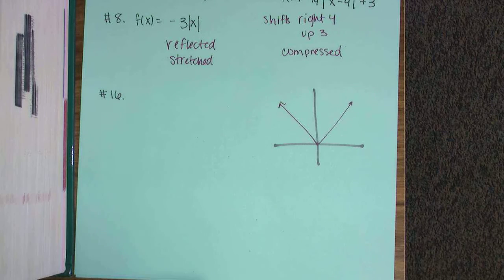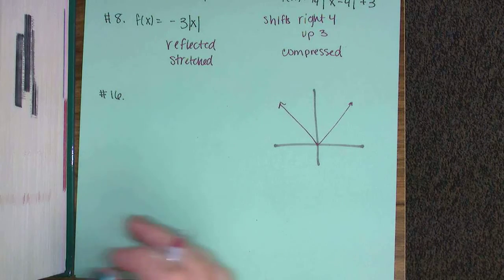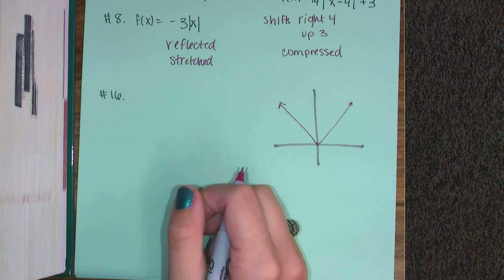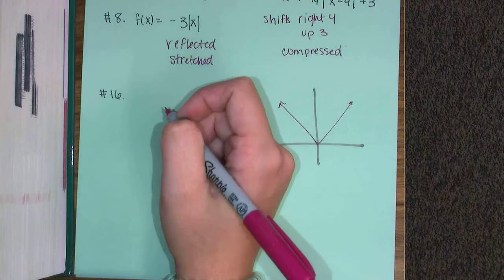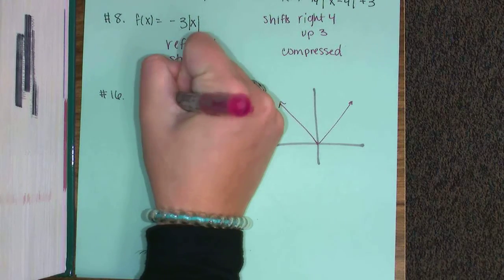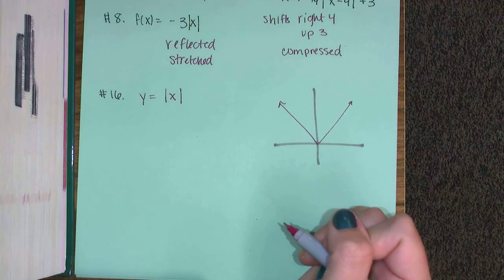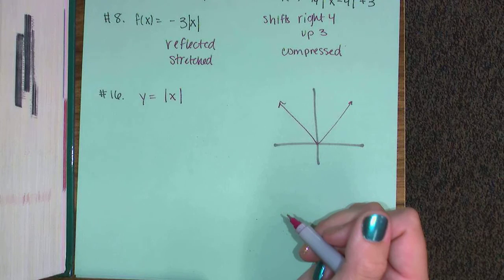But for this one, the first thing we want to talk about is what's happening to our graph. It should have been centered at 0, 0. I want to know where that vertex is. My normal function is y equals the absolute value of x. So I want to talk about what's happening to it in regards to that.